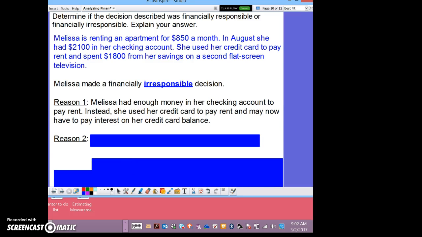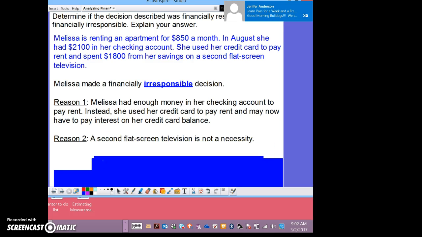So now she's probably going to owe interest when paying back that credit card. Another reason why this was irresponsible is because who needs a second flat screen TV? It's not a necessity. So what really affects your responsible versus irresponsible decision is want versus need.